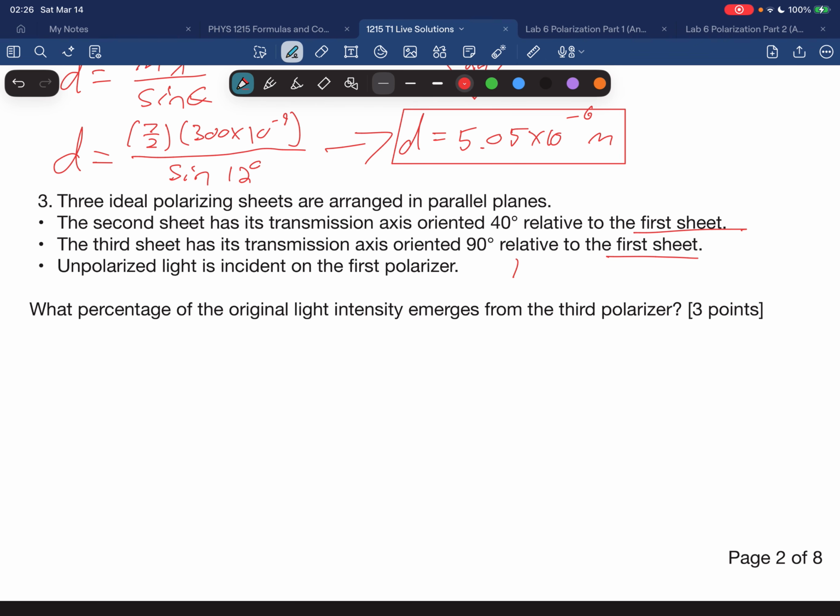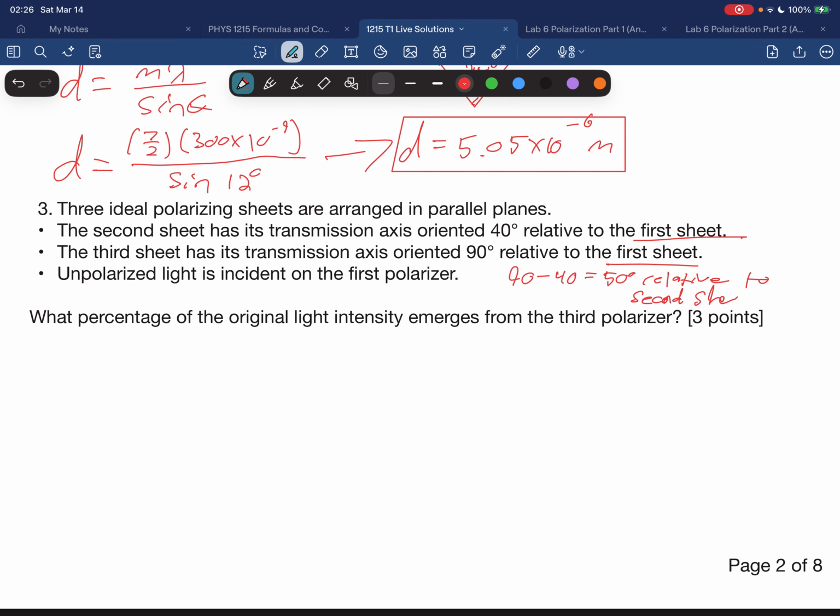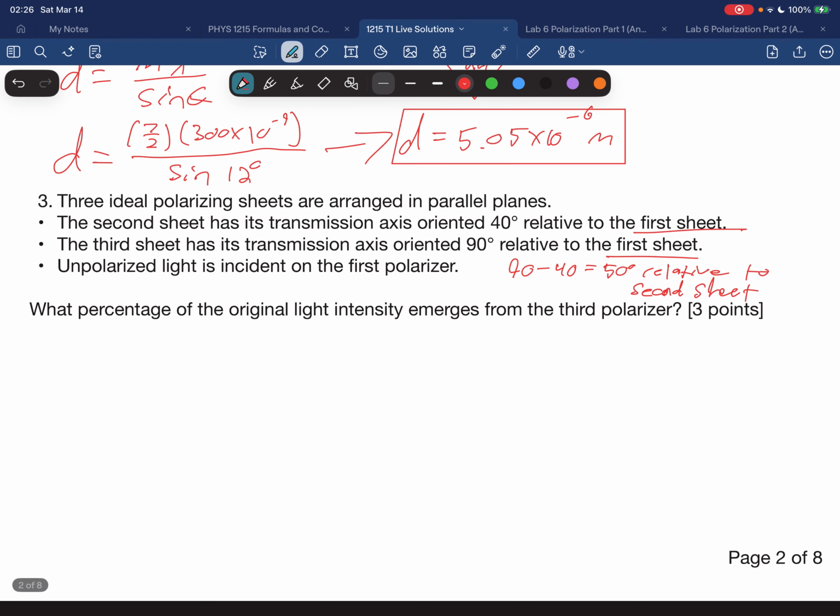So really quickly, let's do 90 minus 40 degrees to give us 50 degrees relative to the second sheet. All right, what percentage of the unpolarized light is incident on the first polarizer? And then what percentage of the original light intensity emerges from the third polarizer?